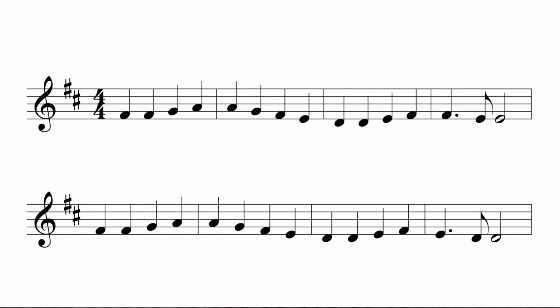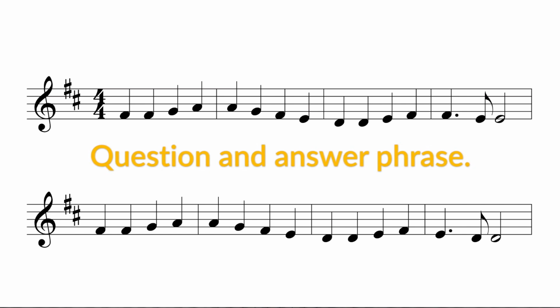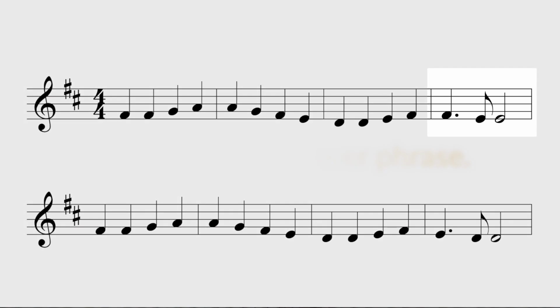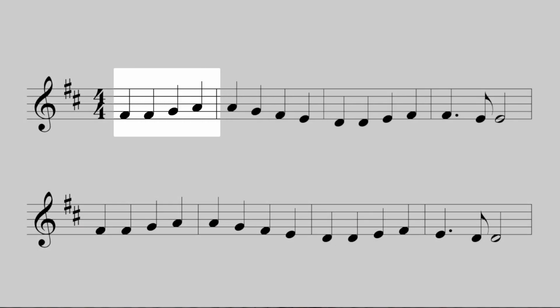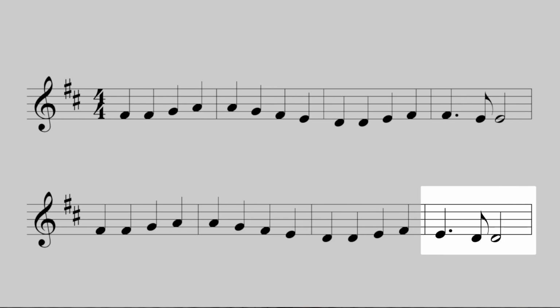You could call these two phrases also a question and answer phrase. Notice how the first phrase ended with da, da, da. Doesn't quite feel finished. Hear that question? And then there's the answer.